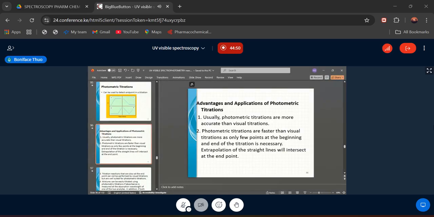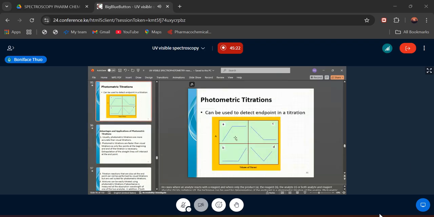So we are saying that photometric titrations are usually more accurate compared to visual ones, where there is subjectivity, especially when you are using visual indicators, which is essentially determined by the ability to detect that change. It will vary from one individual to the next. In addition, photometric titrations are faster because you just need to measure absorbance by adding constant amounts.